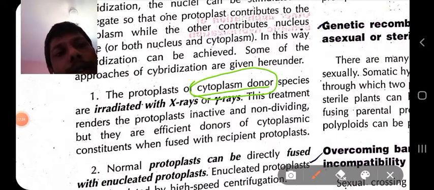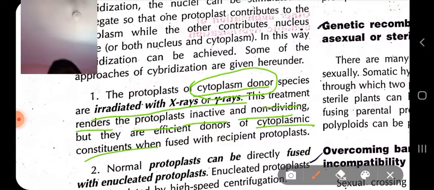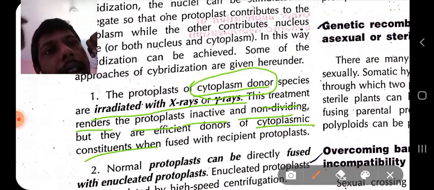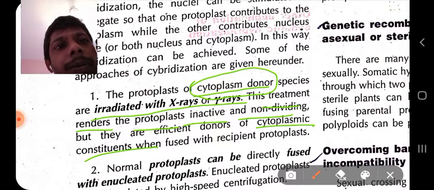This treatment makes the protoplast inactive and non-dividing, but they will still donate the cytoplasmic constituents. So those protoplasts donating the cytoplasm are irradiated to inactivate the protoplast for further division. That means the nucleus is actually getting deactivated.